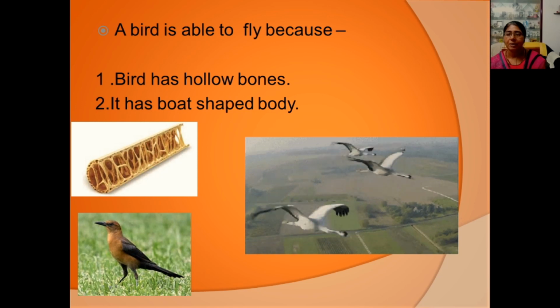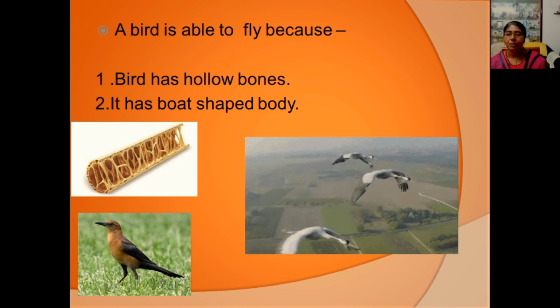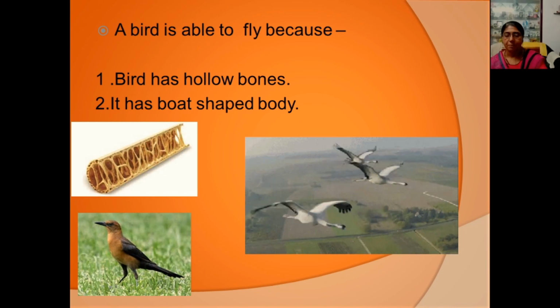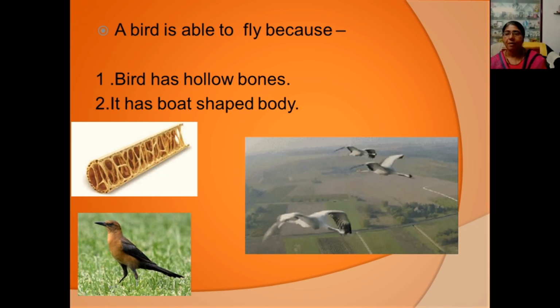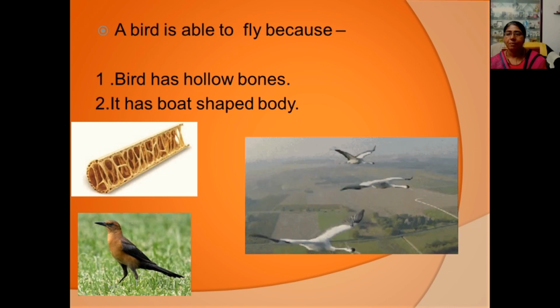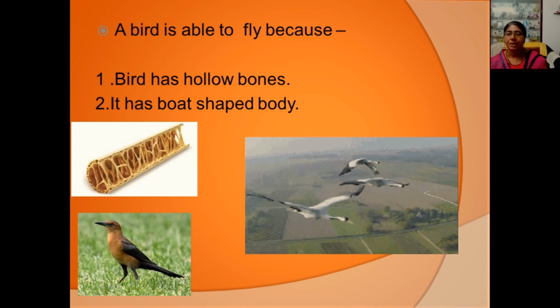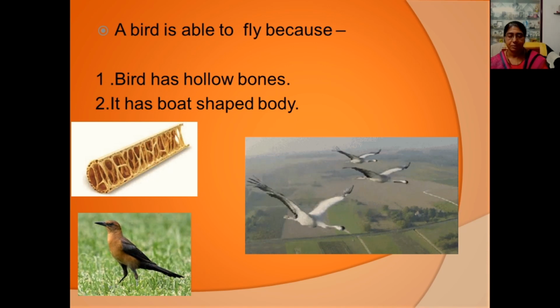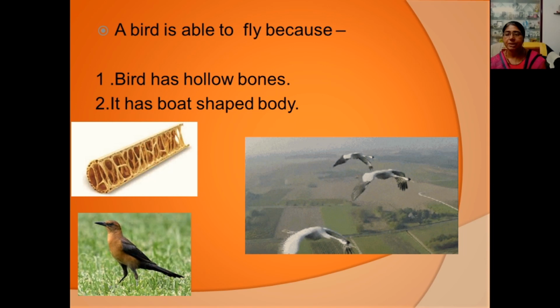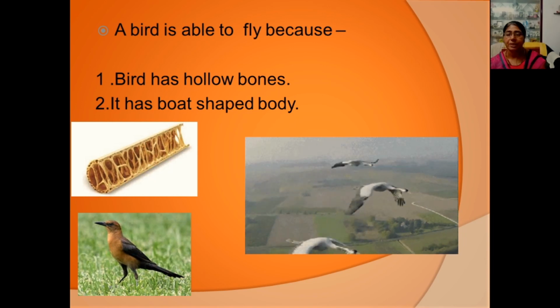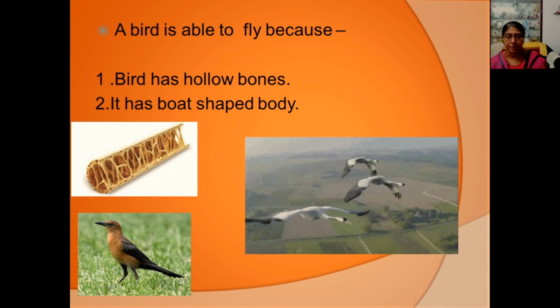It will help the birds to fly. So the first one is birds can fly very easily with the help of hollow bones, so they are light in weight. Second one is they have a boat-shaped body so that they can move easily into the air.